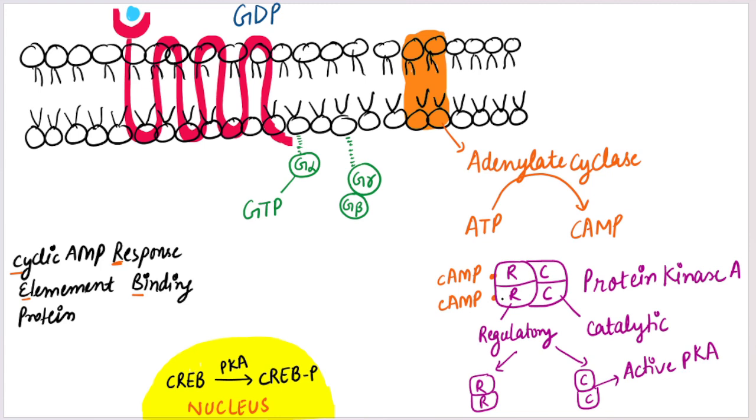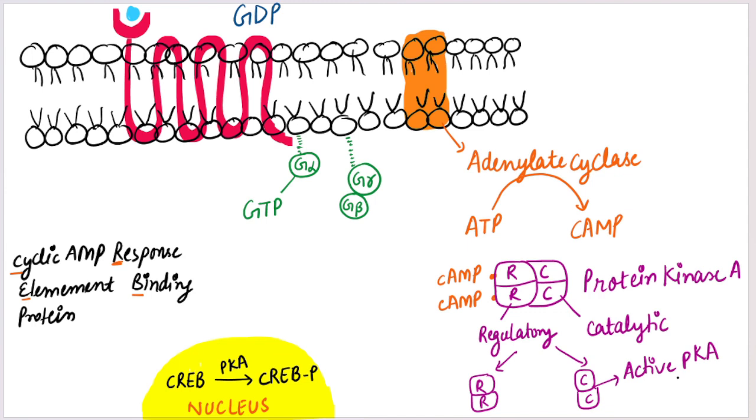Cyclic AMP binds to the regulatory subunit and weakens the interaction between regulatory and catalytic subunits, due to which they split apart. These split catalytic subunits are called the activated form of protein kinase A. The former form, in which regulatory and catalytic subunits were combined together, is called inactivated protein kinase A. So now protein kinase A is activated.